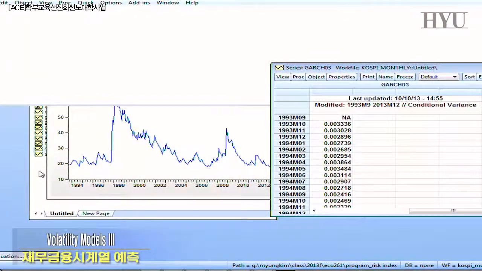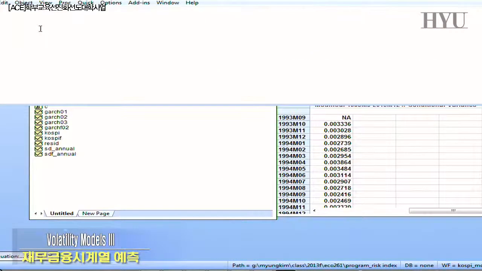And then, okay, here, when you make a new series, we use the command series, right? Series and give it a name. SD, this time, eGarch, any name, okay? Equals 100 times, what was the square root function? It's @SQRT, right?